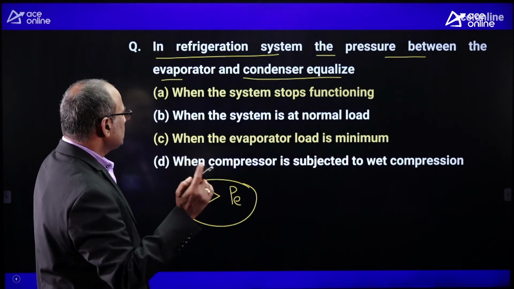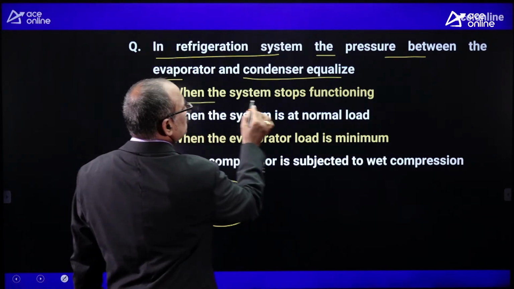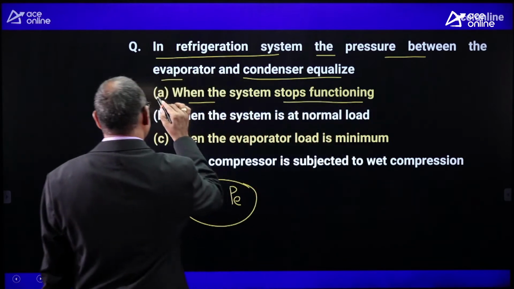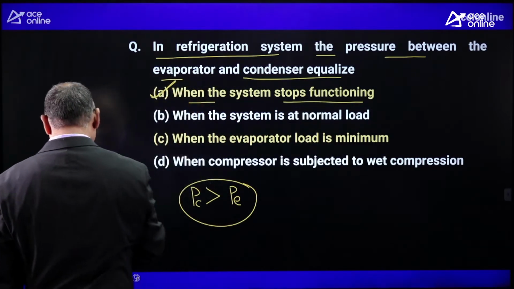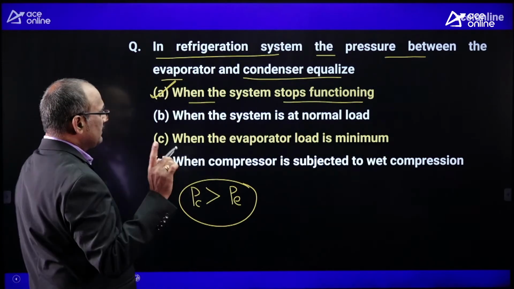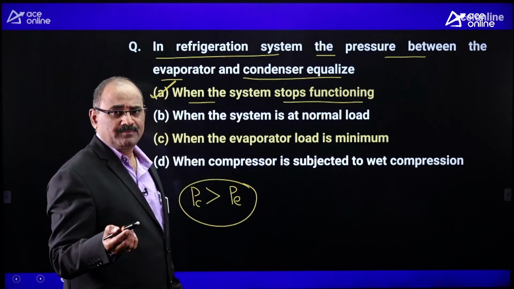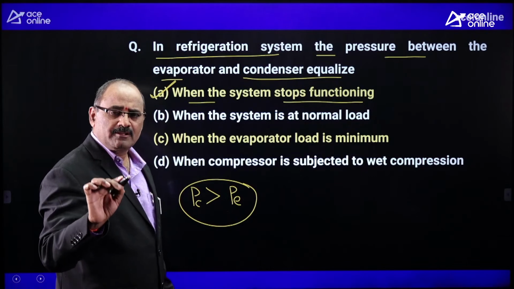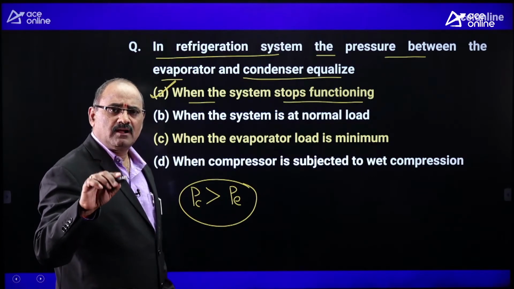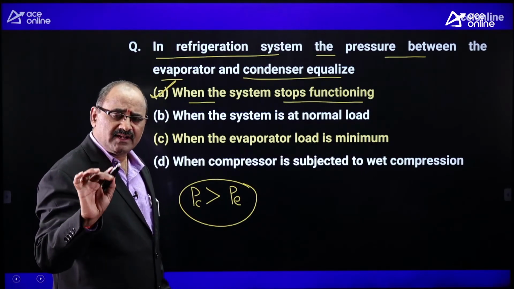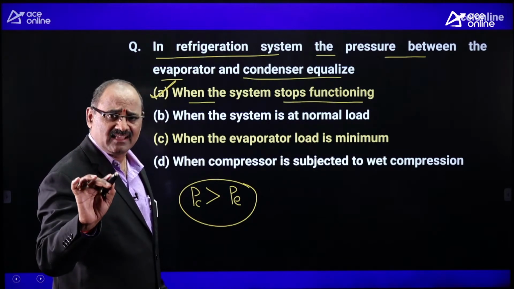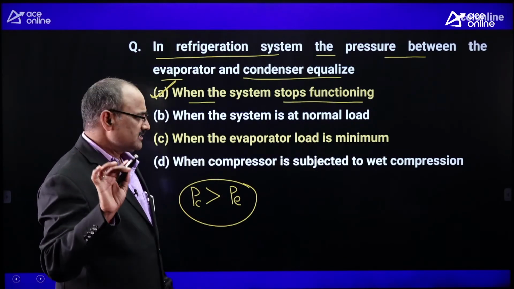Okay? Look at the options. When the system stops functioning, yes, option A itself is absolutely correct. Only when the system is not functioning, the pressure of the refrigerant in the evaporator and in the condenser are identical.